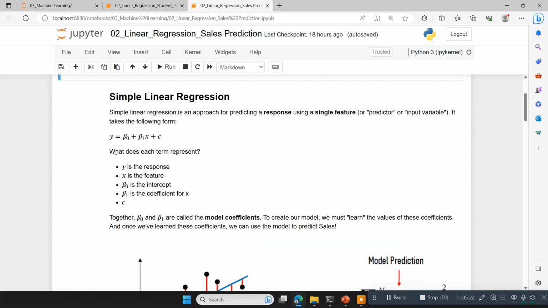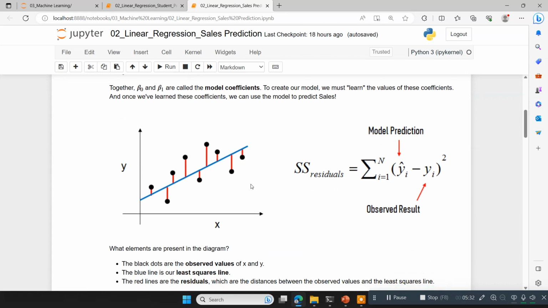So this is an equation: y is equals to beta 0 plus beta 1 multiplied by x plus epsilon. What is epsilon? Means some small error. Okay, and here I will get this residuals, meaning nothing but error. So what is the model predicting and what is the actual value? If there is a difference between the actual and what the model has predicted, that is called as error, right?